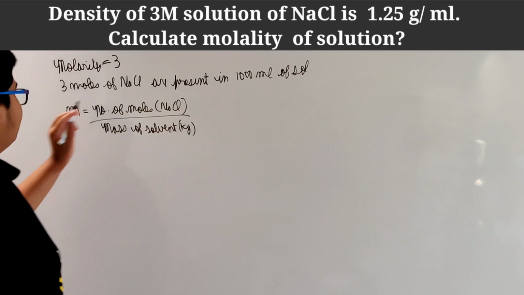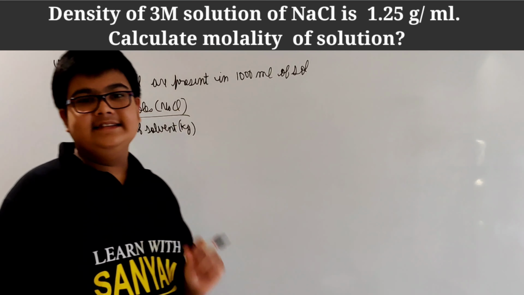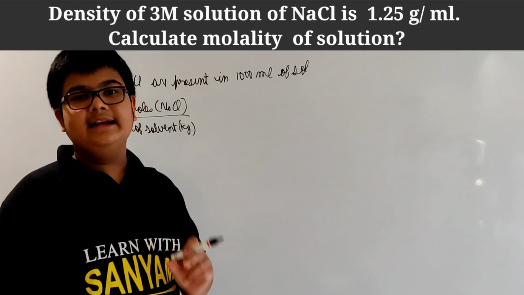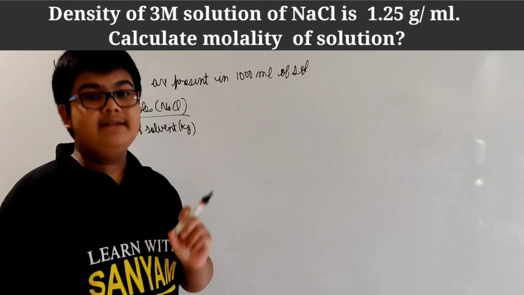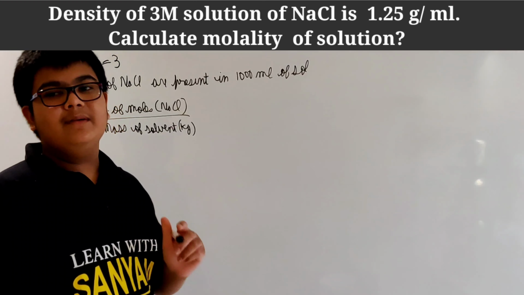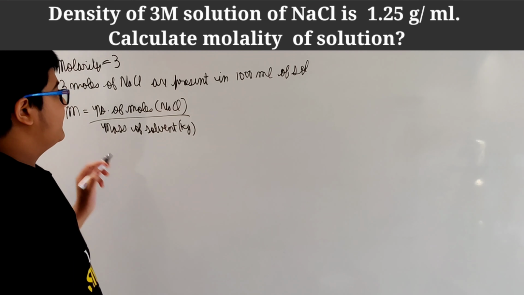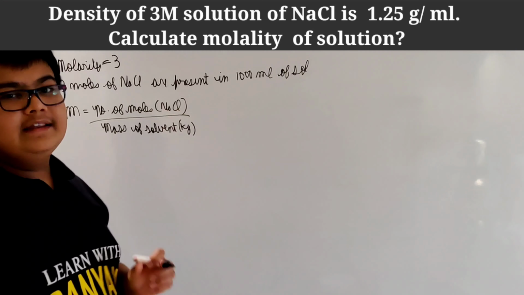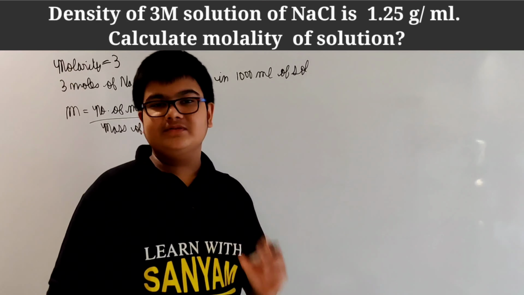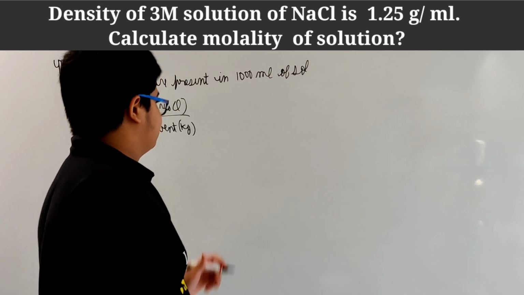So here the solute is NaCl, and as it is an aqueous solution, this means that NaCl is dissolved in water. So the solvent will become water. Here we will have to find the mass of solvent. So for that we will apply the number of moles formula, because from that we can get the mass.